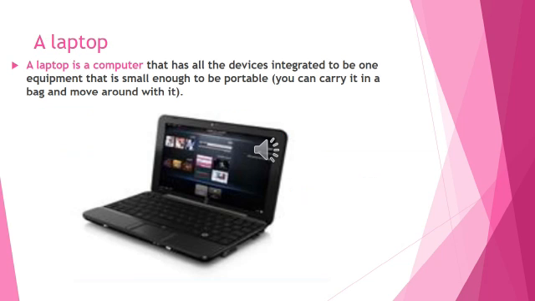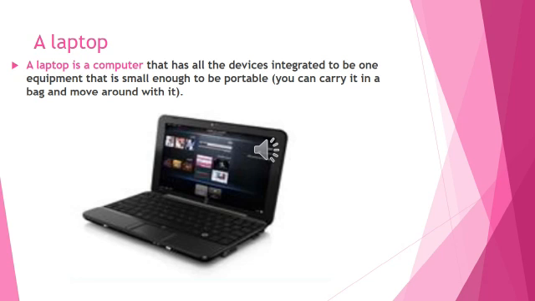So what is a laptop? A laptop is a computer that has all the devices integrated into one equipment that is small enough to be portable. You can carry it in a bag and move around with it. So basically a laptop is a small computer whose gadgets are all connected together to be one item.